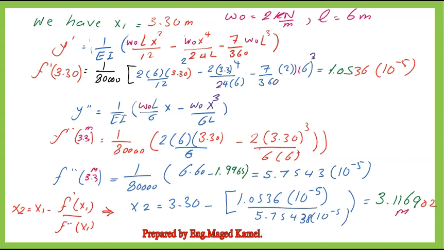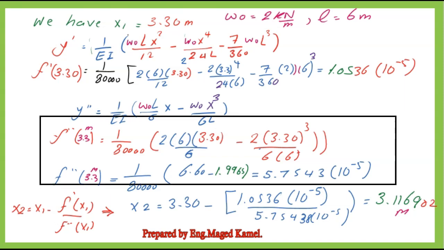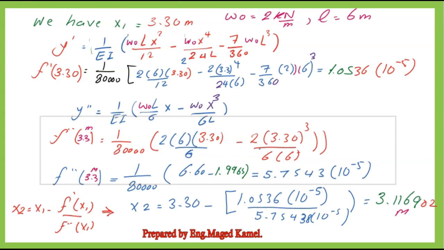While for the y double dash value at 3.3, it will be equal to 1 divided by 8 multiplied by 10 to the 4, open one bracket, 2 by 6 by 3.3 divided by 6, minus 2 by 3.3 raised to the power 3 divided by 36. The f double dash of 3.3 will give us a positive value of 5.7543 multiplied by 10 to the minus 5.